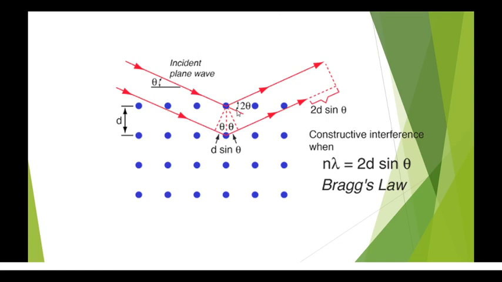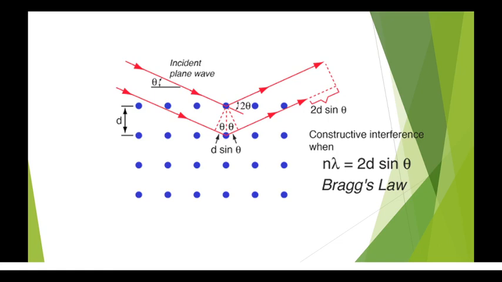So this is the small angle theta. From this you can find sine theta. Sine theta is equal to the opposite side by the adjacent side. From this you can find the path difference.